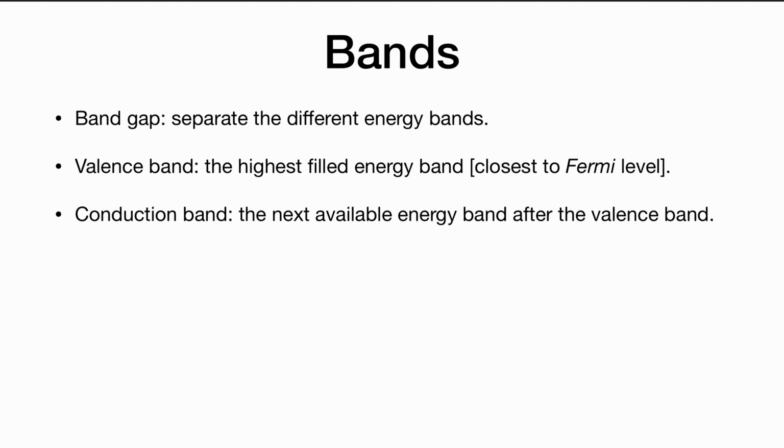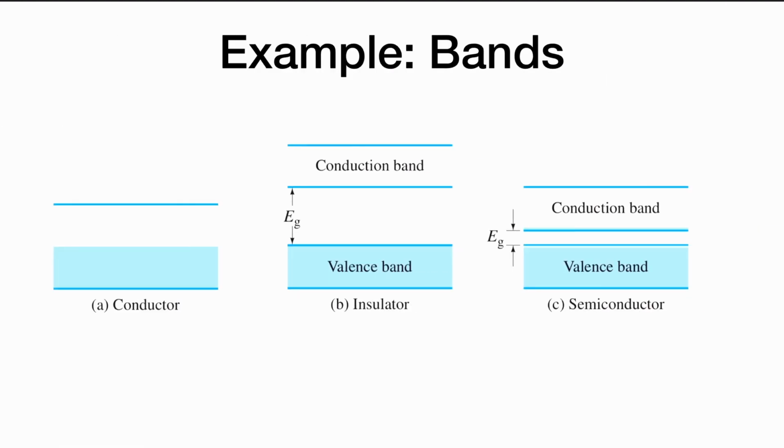So what does this look like? Well, consider this case, for instance. Over here we have a region that is filled. This region, the shaded region, corresponds to a filled energy band.